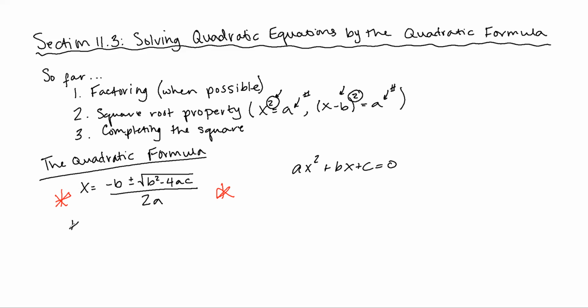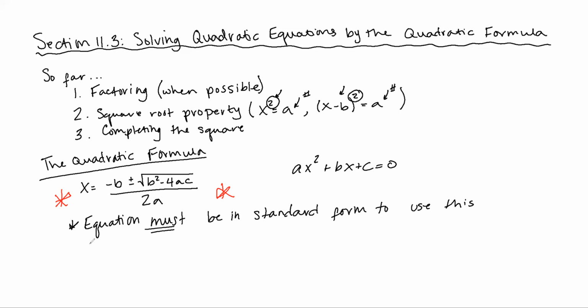So one more thing before we look at some examples. The equation that you're working with when you're using the quadratic formula must be in standard form. So standard form is this right here.